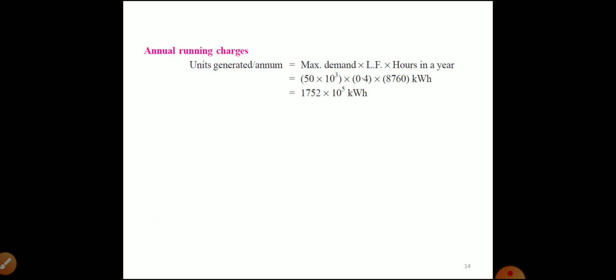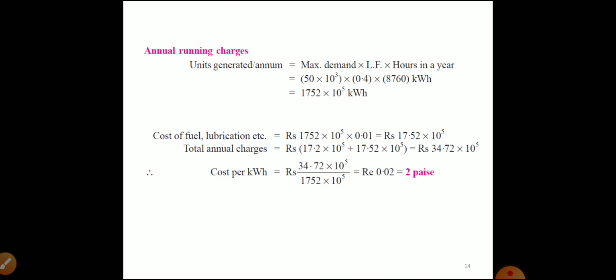Now annual running charges. In order to calculate the running charges, we first have to calculate how many units have been generated. How to calculate the units generated?